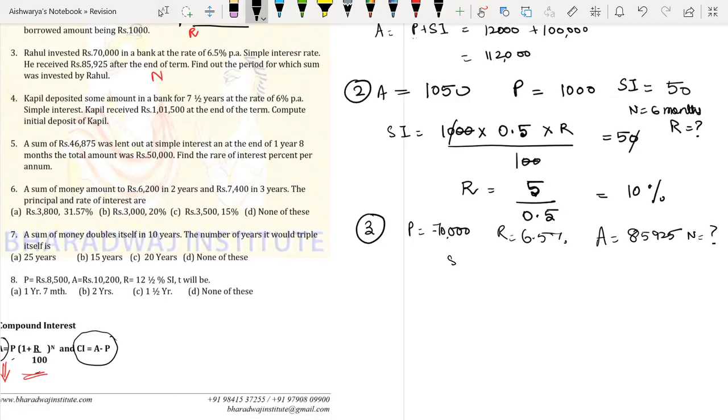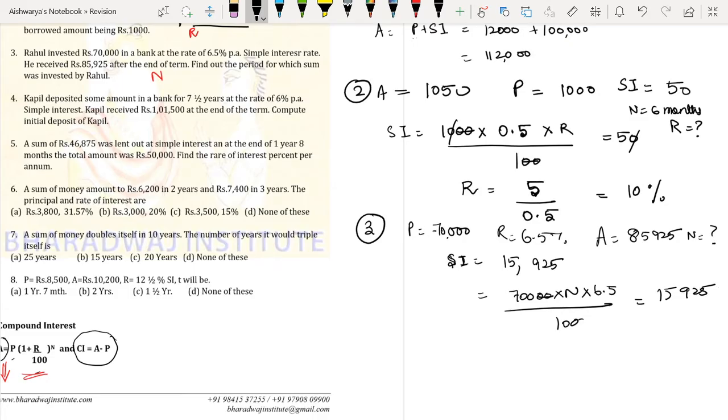So now your SI, first step would be 85,925 minus 70,000 on your calculator, which gives you 15,925. Okay, so 15,925. Now the formula is P into N into R by 100 is equal to 15,925.